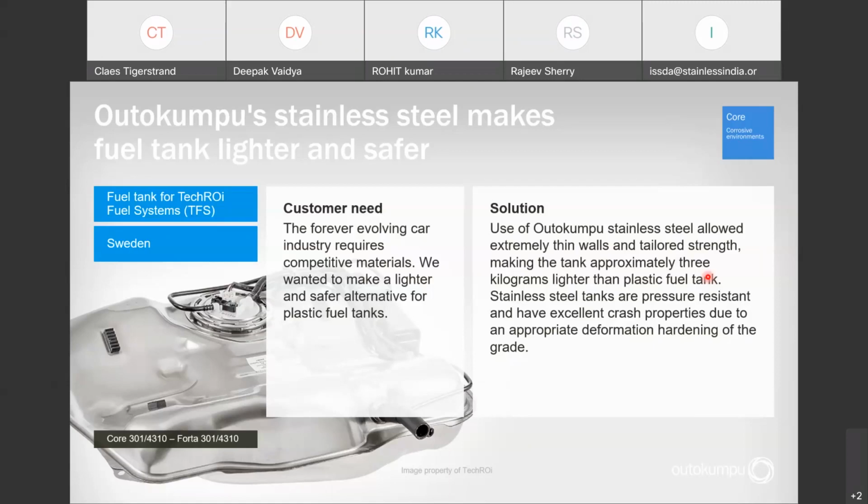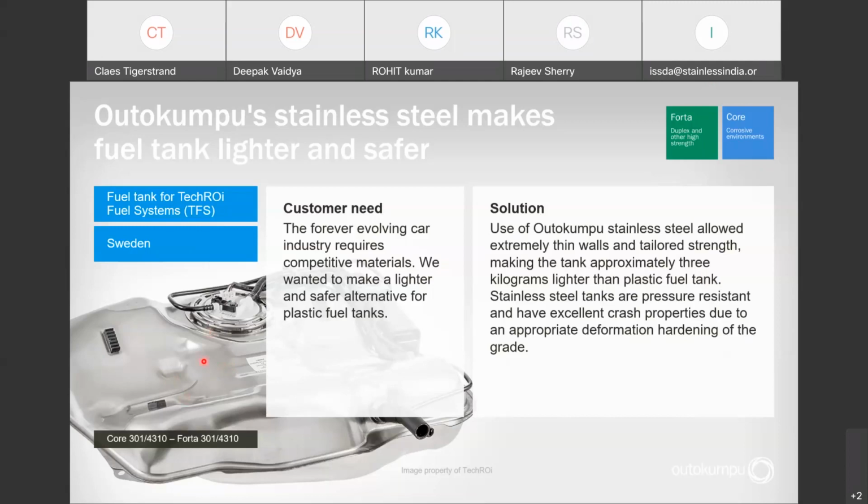You have a very good formability, but also when you stretch the material, you will also increase the strength of it. So going from a relatively low strength, good formability, we blow it up, we can actually increase the strength a lot, and you will actually reach the Forta range having proof strength above 1,000 MPa.